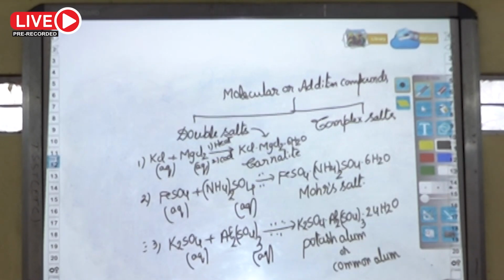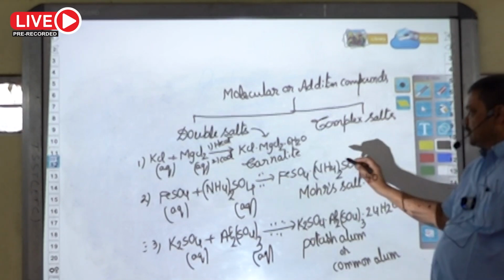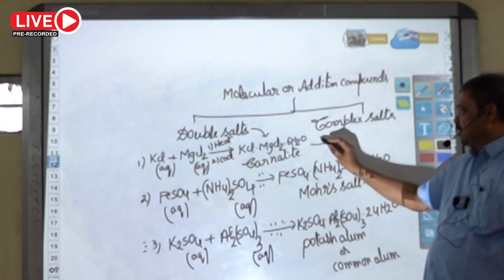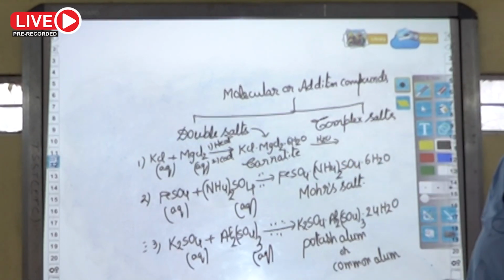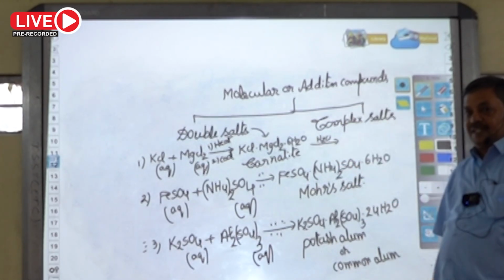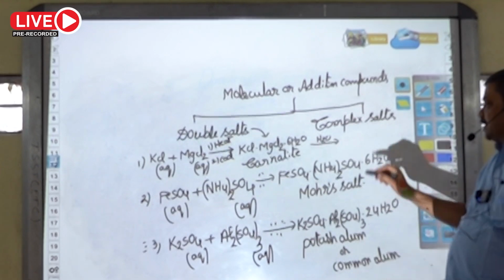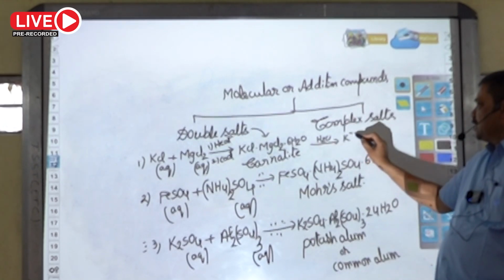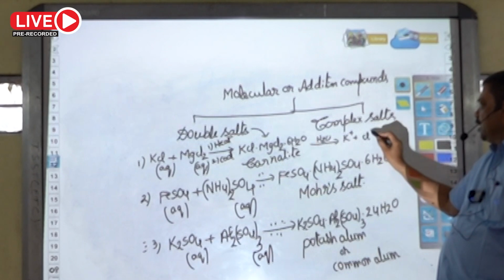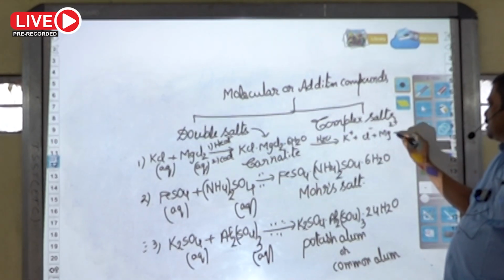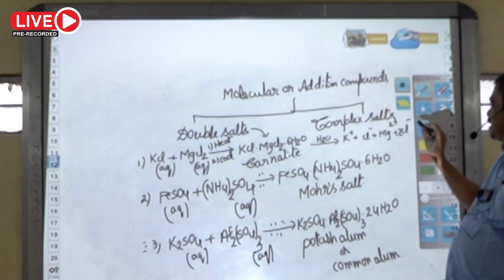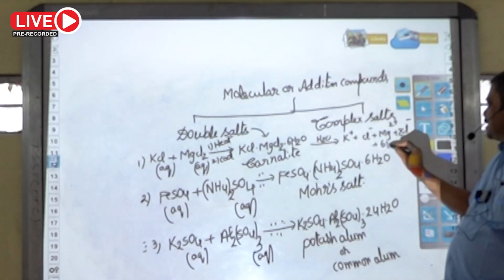Suppose I dissolve carnallite in water, it breaks into K plus, Cl minus, Mg2 plus, again 2Cl minus plus 6H2O.